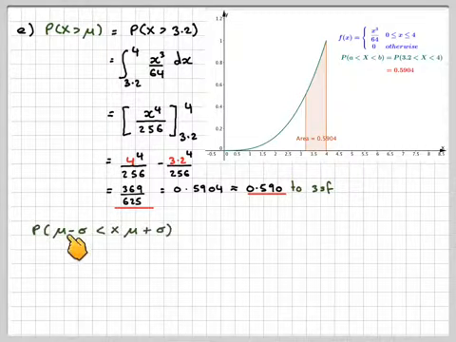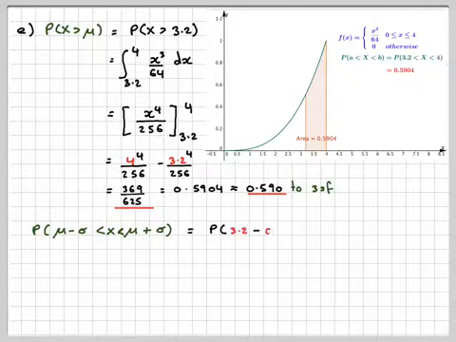Now we want the probability that x is greater than the mean minus the standard deviation and less than the mean plus the standard deviation.